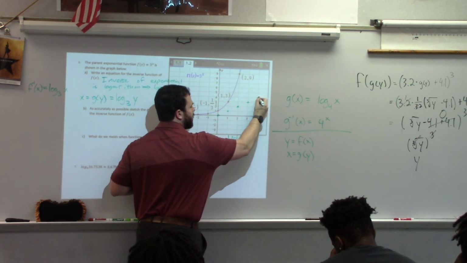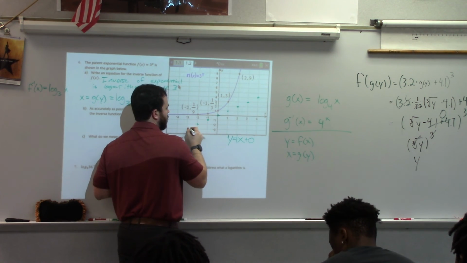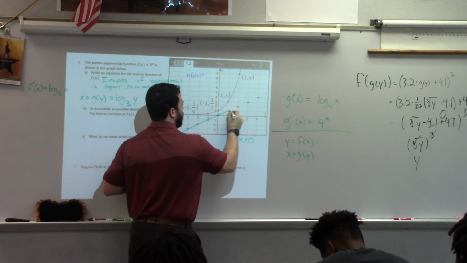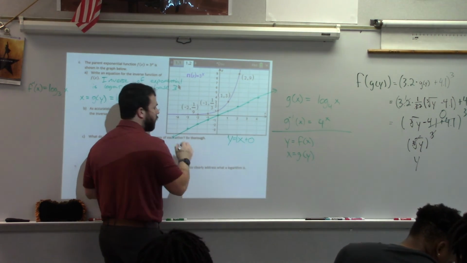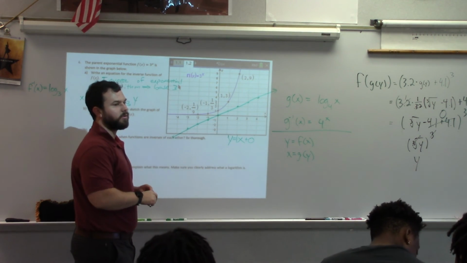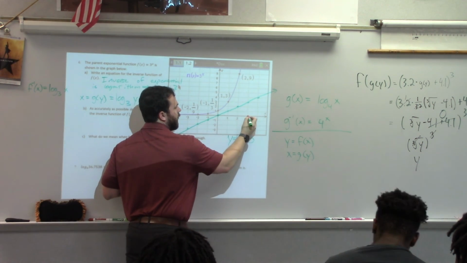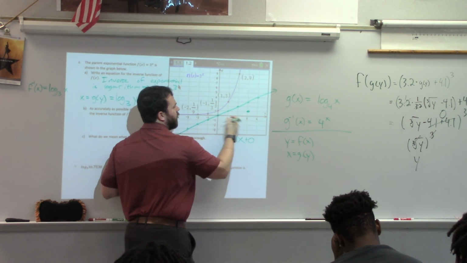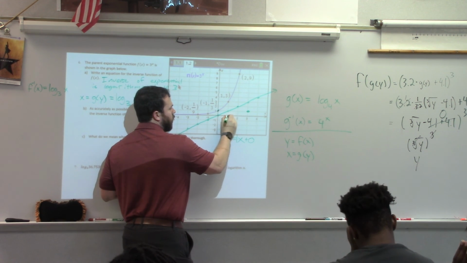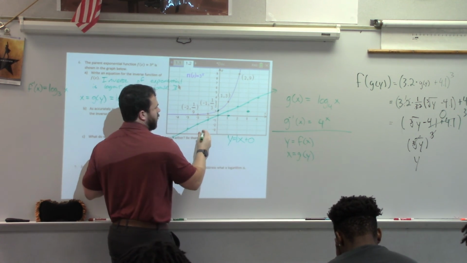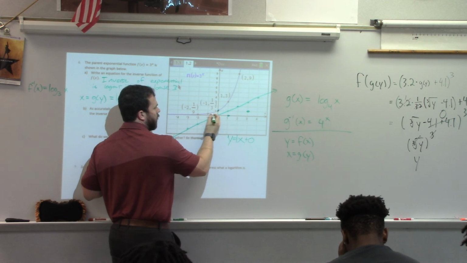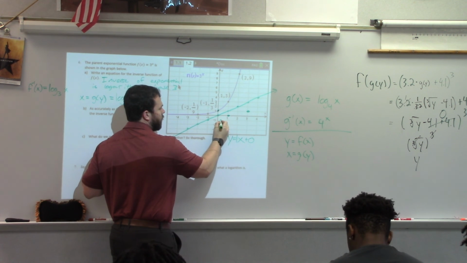But notice this is the line y equals x. So the x and y switch. That was the big thing to pay attention to that would have really helped you here: the x and y switch. So (1, 3) became (3, 1). This (0, 1) became (1, 0). (-1, 1/3) became (1/3, -1).